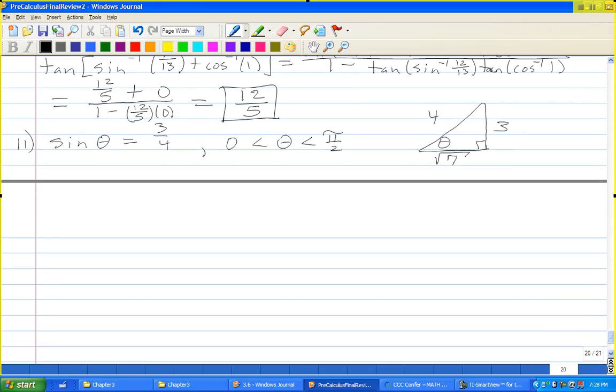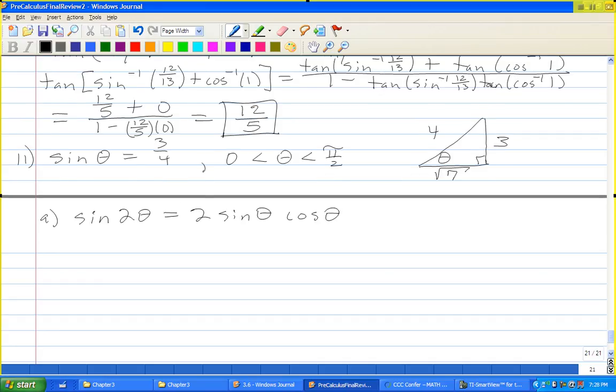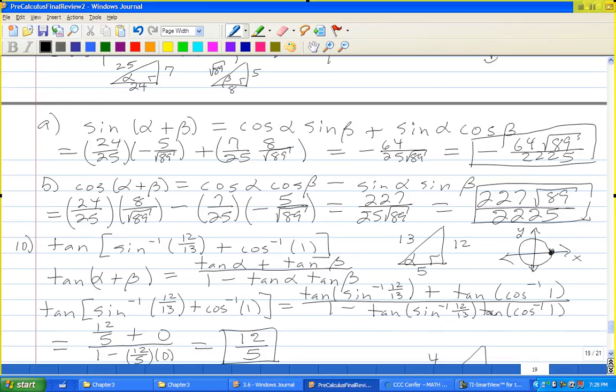Find the exact value of sine of 2 theta, which is 2 sine theta cosine theta. You just let each of these be thetas.